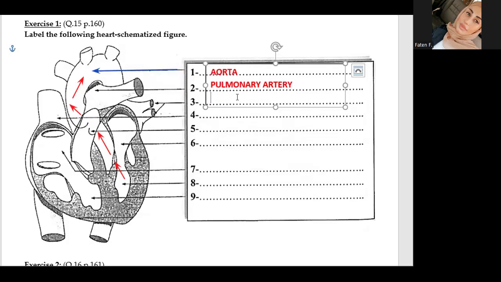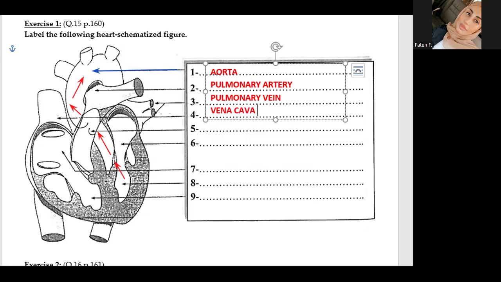The third item, number 3, we're talking about this right here. It is the blood vessel that brings the blood to the left auricle. So this is the pulmonary vein. Number 4, it's the blood vessel connected to the right auricle. This is the vena cava.